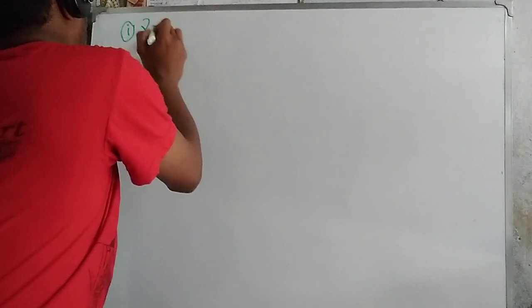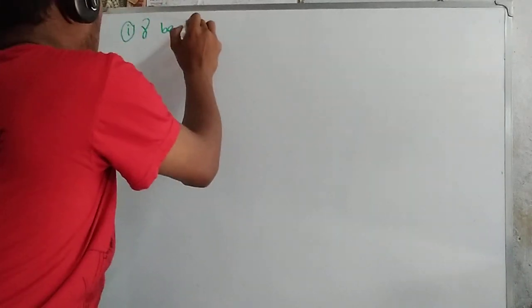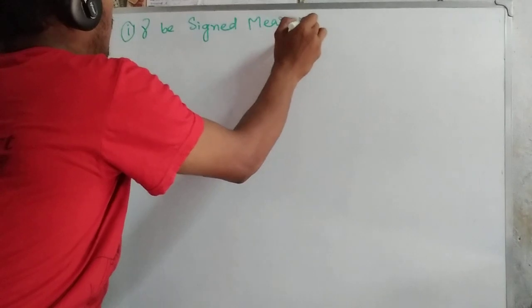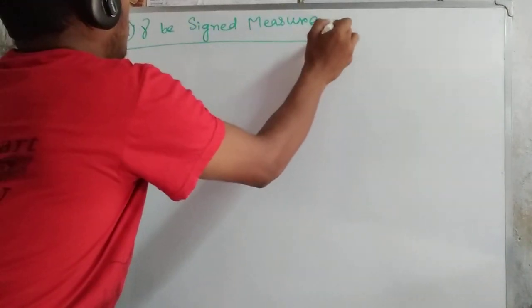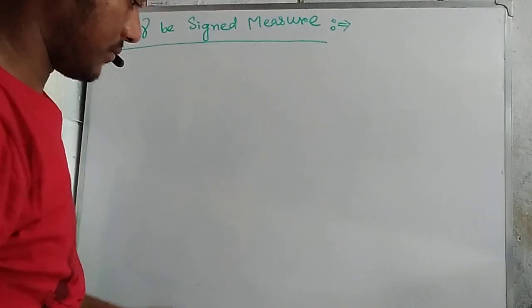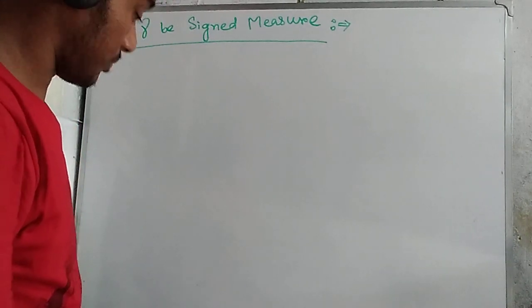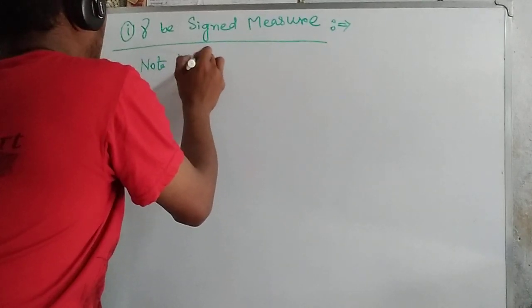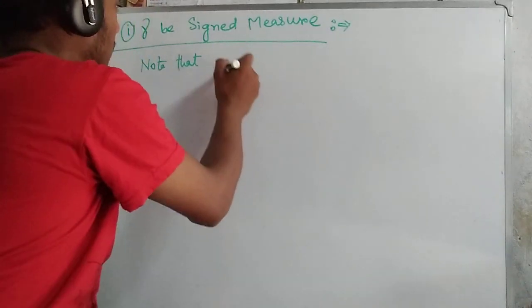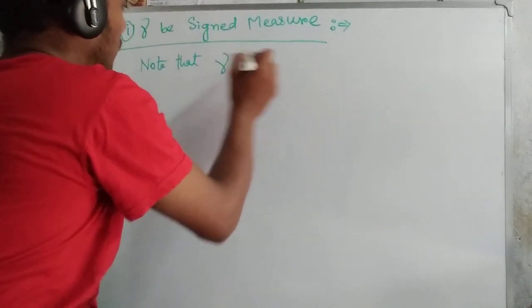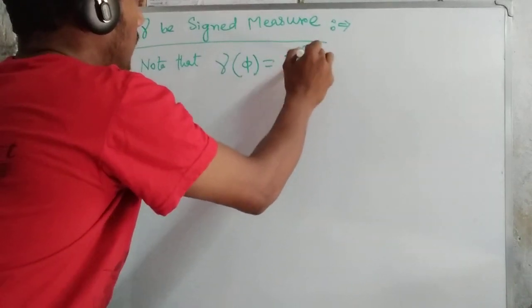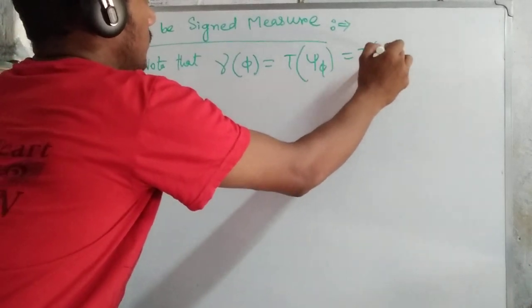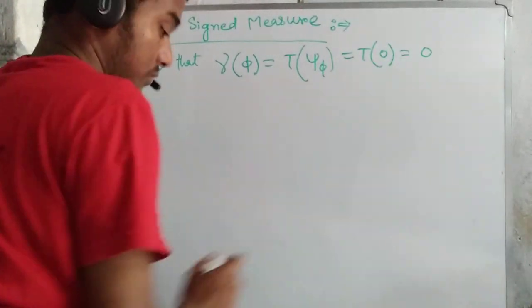First one, gamma is a signed measure. So what we have done, note that here gamma(phi) equals T(psi_phi), which equals T(0), which equals 0.